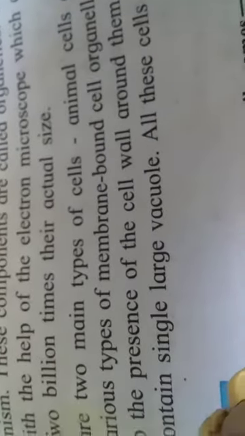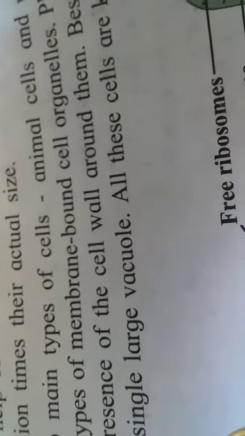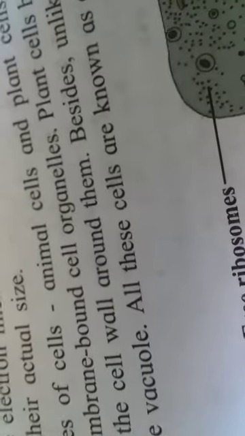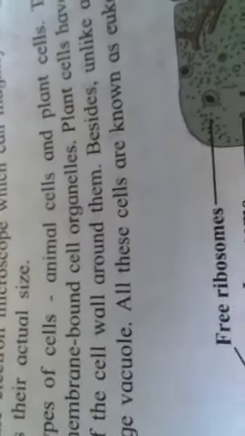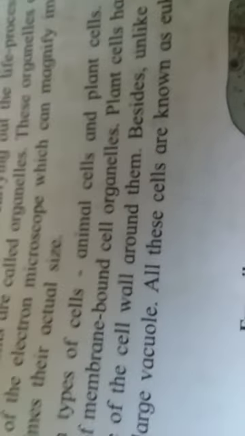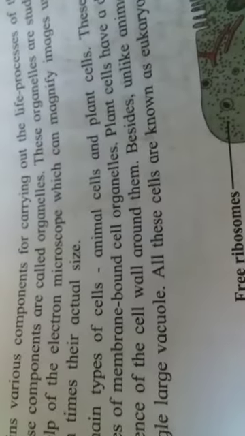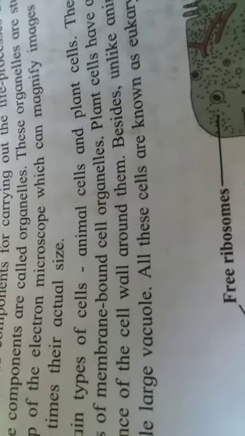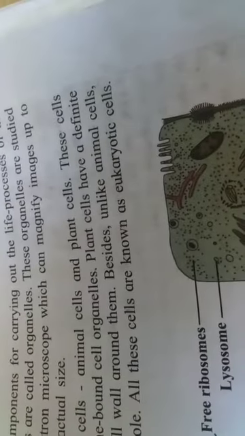There are two main types of cells. One is the animal cell and the other is the plant cell. It consists of various types of membrane-bound cell organelles. Plant cells have a definite shape.